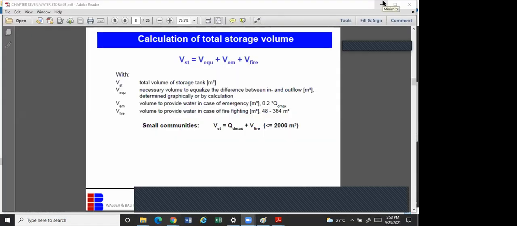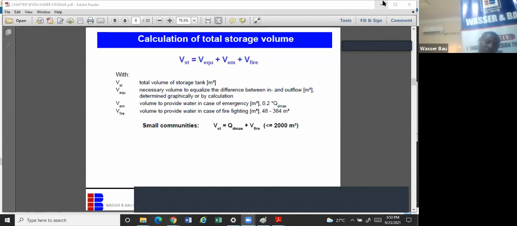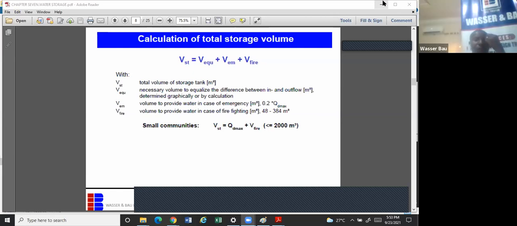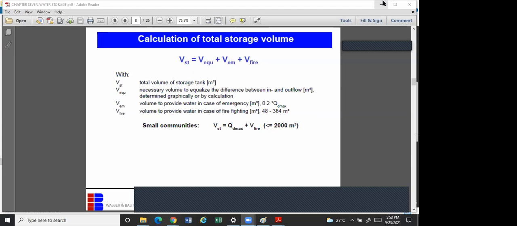Okay, go ahead. In determining the fire water, what we normally do is based on the standard you are designing to, whether you design to NFPA or BS standard. It's also dependent on the type of firefighting system you want to design for. If you are designing for sprinkler, there are recommended minimum hours of operation, whether ordinary hazard or high hazard or light hazard.